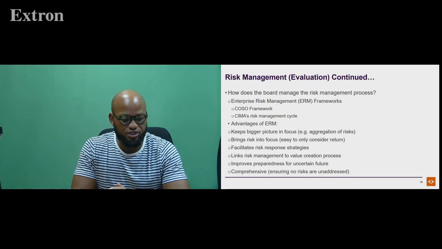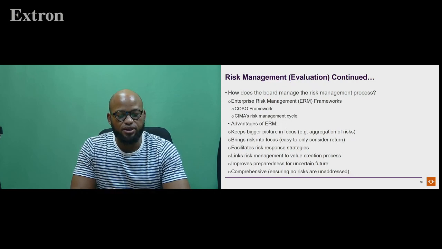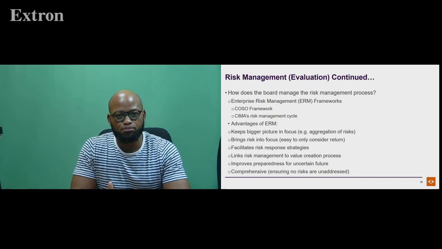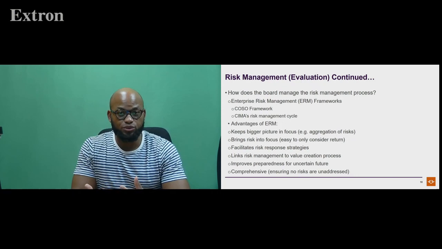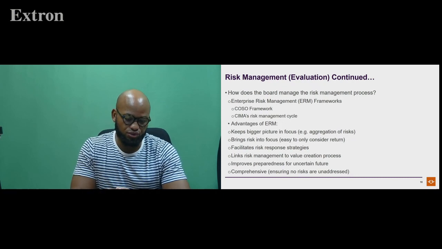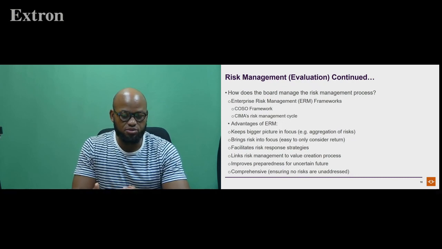Other advantages: it brings risk into focus. Depending on the culture within an organization, you'll find that certain managers are prone to focusing only on the rewards and the return and the potential for upside, at the expense of thinking about what could go wrong. An enterprise risk management framework gives you that advantage.